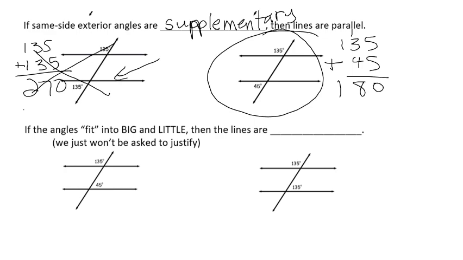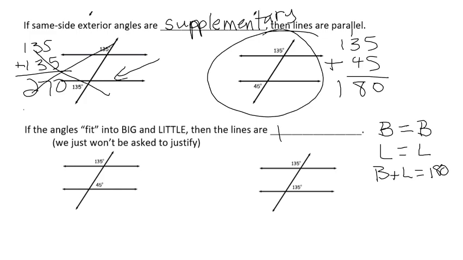Now, if you get a random pair that fits into the big and little rules, and let's write those big and little rules down here in our notes, just to remind ourselves. We have 3 of them. We have the B's equal the B's, the L's equal the L's, and the B plus L has to add up to 180.